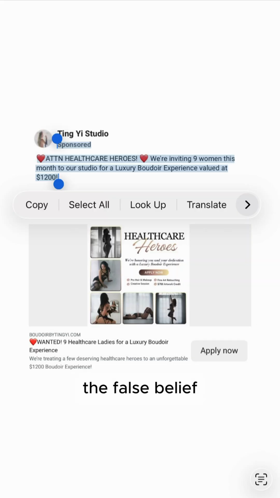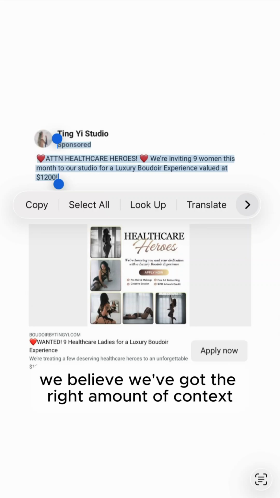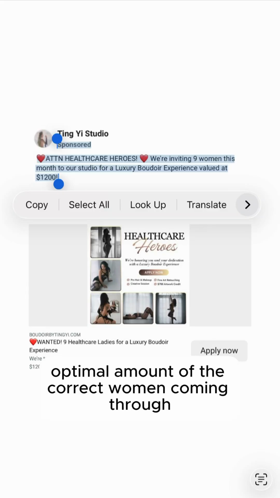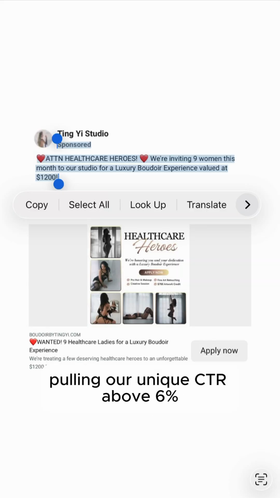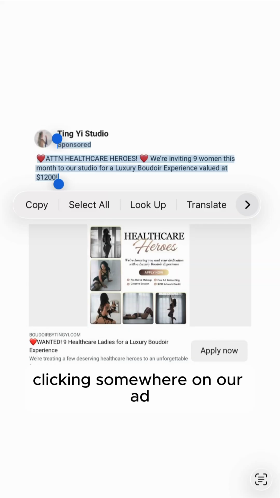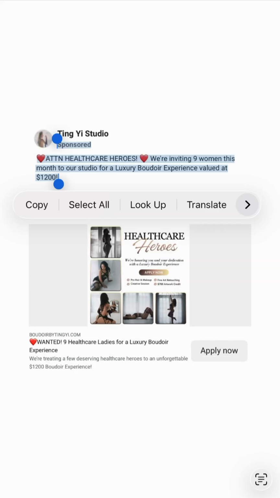The false belief that's causing us to make this mistake is we believe we've got the right amount of context to have the optimal amount of the correct women coming through, pulling our unique CTRL above 6%, while also minimizing the amount of wrong women clicking somewhere on our ad, because we don't want to confuse the meta ad algorithm with the wrong women clicking on it.